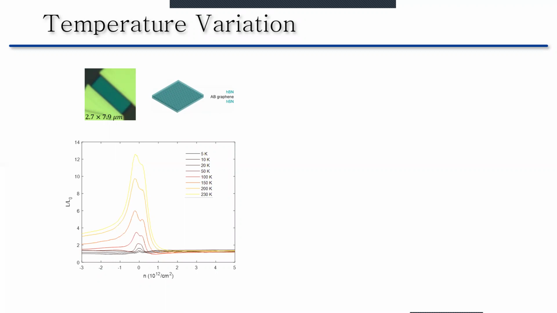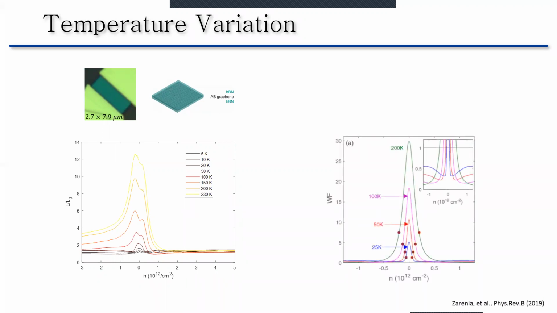It turns out that there's some theory, here taking as an example from Zorania et al., a recent theory on bilayer graphene, where you see, at least qualitatively, that behavior, that the Lorentz number at zero density should increase with temperature. And closer in, you similarly have these little dips, and then this flattening out. So that's reasonably in agreement with our expectation, even though this sample is more disordered.